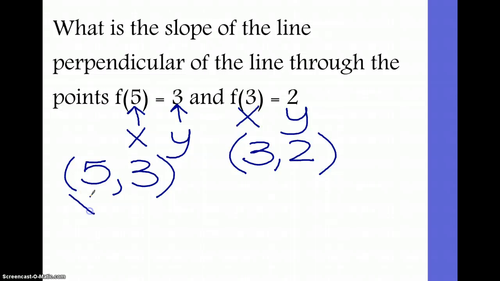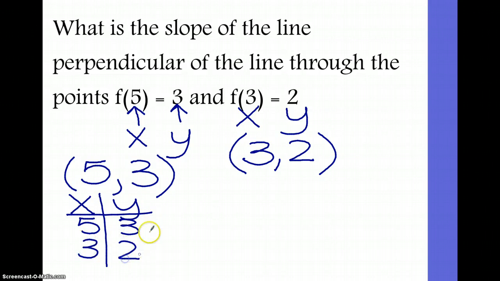So what is the slope perpendicular? Well, I need to find the slope between these 2 points first. So 5, 3 and 3, 2. So that is negative 1. Bottom minus top, 2 take away 3. Bottom minus top, 3 take away 5 is negative 2. And I want rise over run.